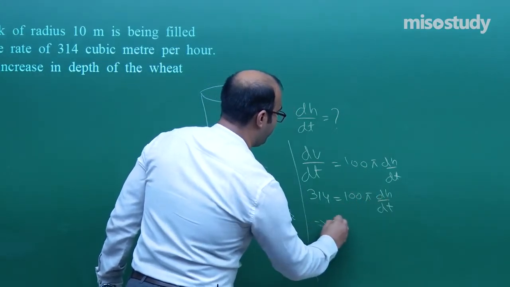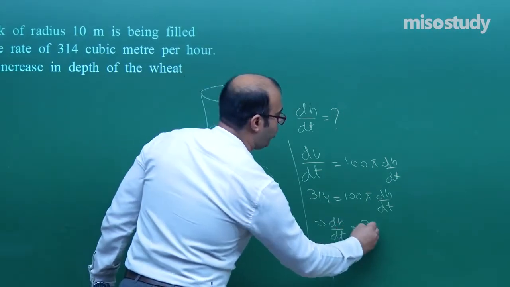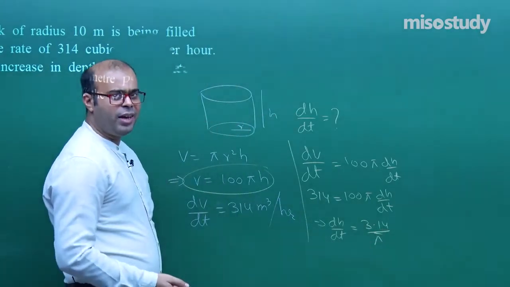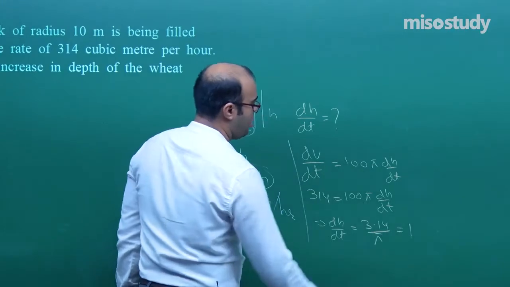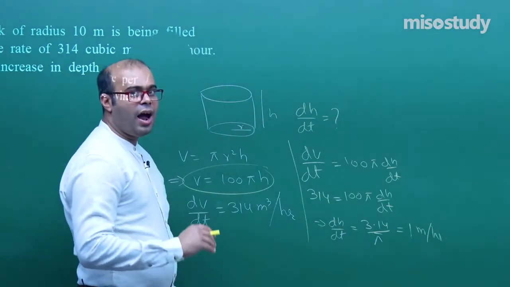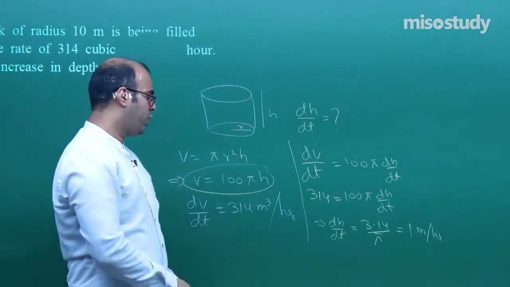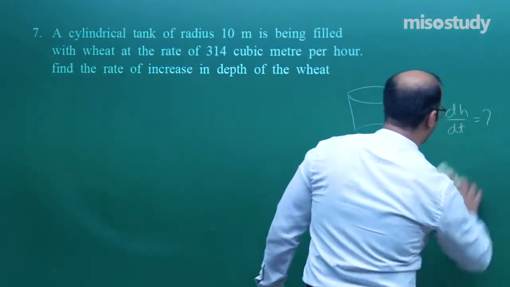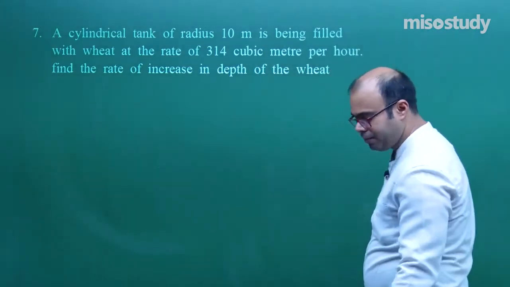So what will be dh by dt? 314 by 100 is 3.14 upon pi, and the approximate value of pi is also 3.14. So this will cancel and we will get 1. 1 meter per hour is the rate at which the height of the cylindrical tank will get filled with wheat. Okay, students? So this was a straightforward question. Not much calculation is involved here. Let us see the next question.